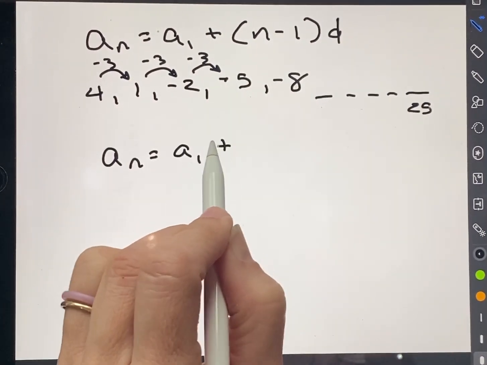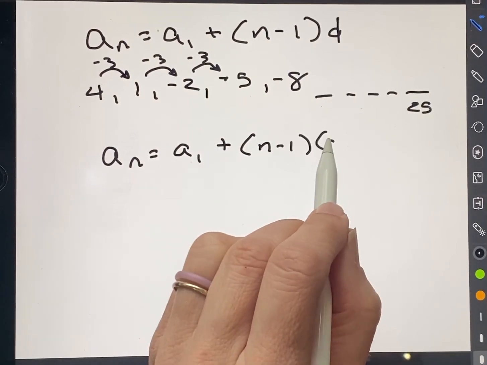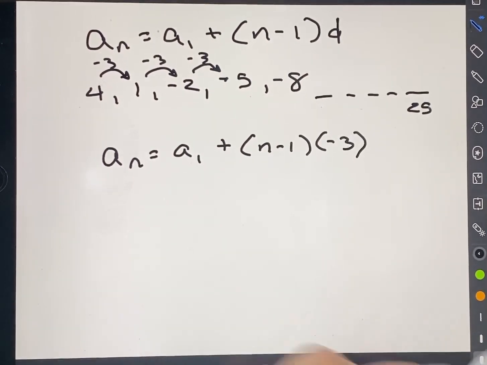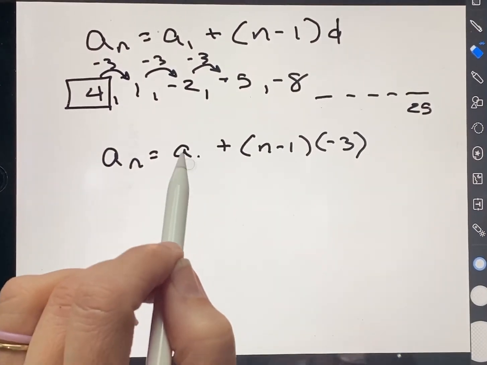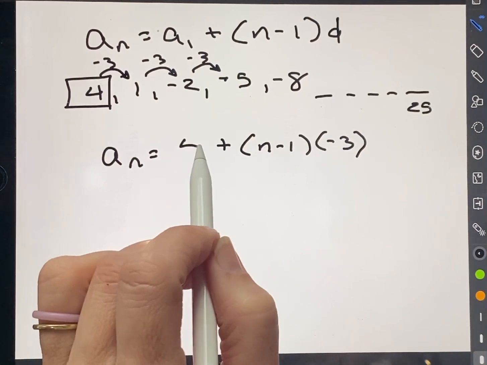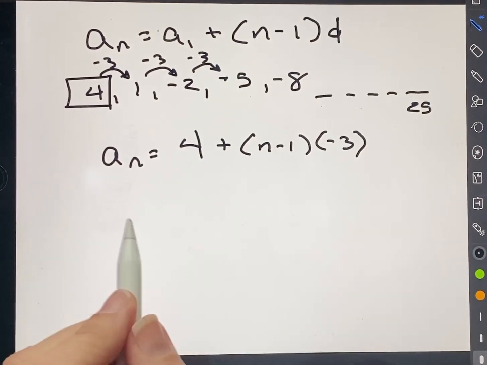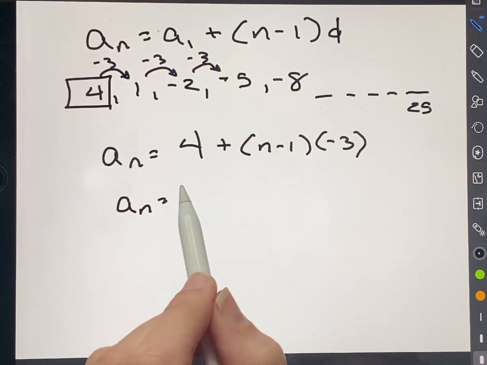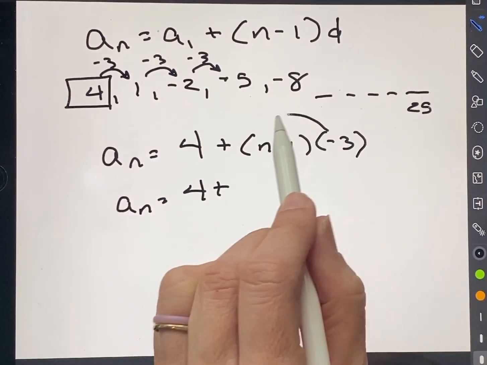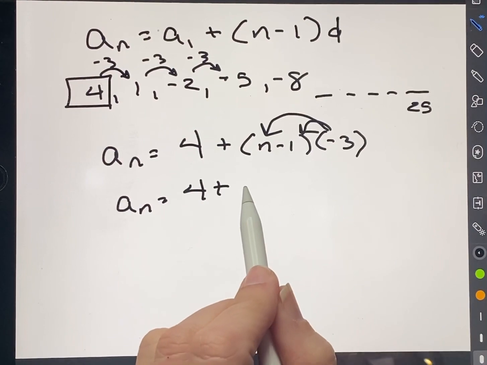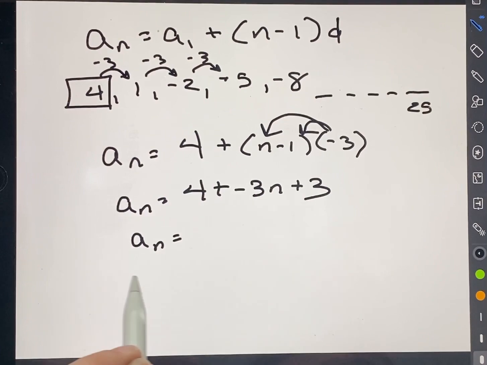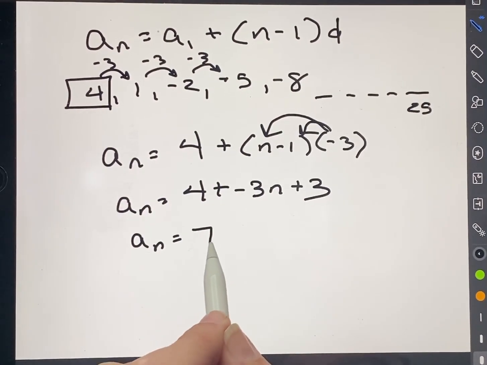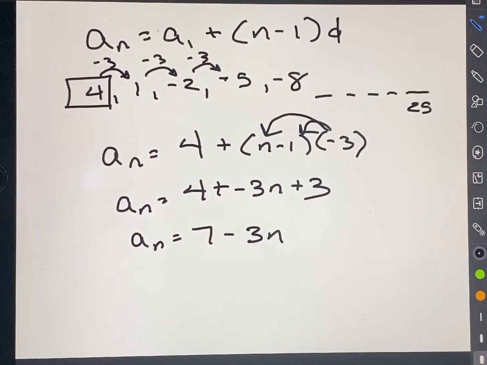So I'm now going to plug in negative 3 for our common difference. I also know that I start at the value 4. So I'm going to erase my first value and I'm going to plug in 4 right there. So now our generic sequence is 4 times, let's distribute this out, negative 3n plus 3. I could say that a sub n, to find any term, I'm going to take 7 and subtract 3n from it.